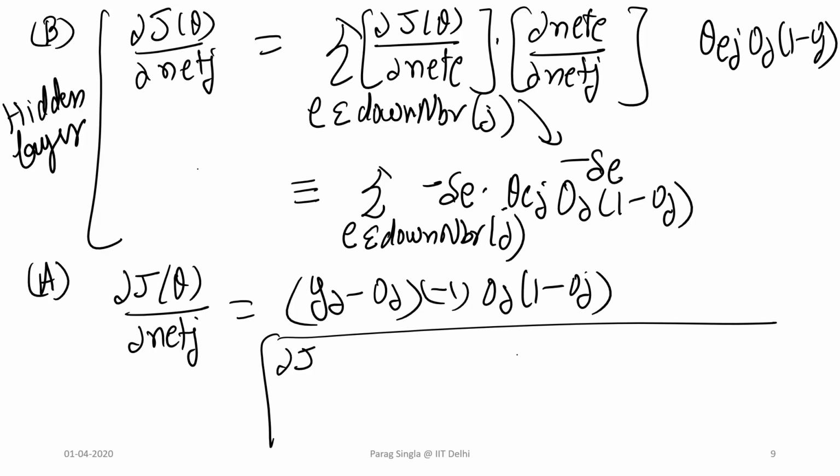delta J theta with respect to delta net J, two cases A and B. A is in the output layer.